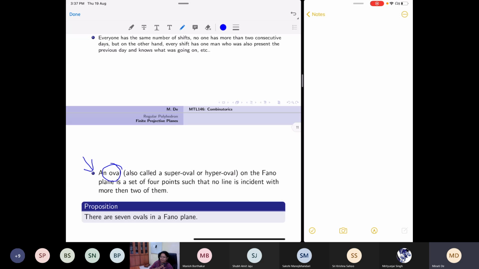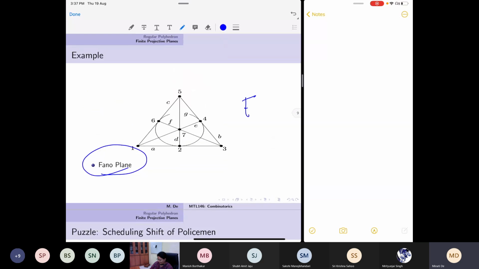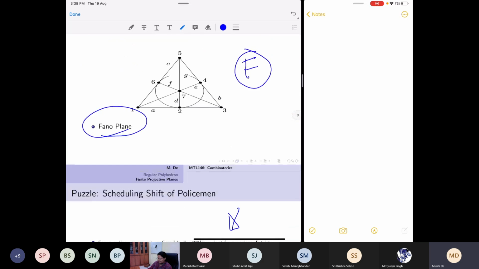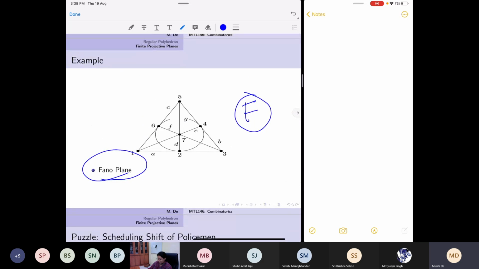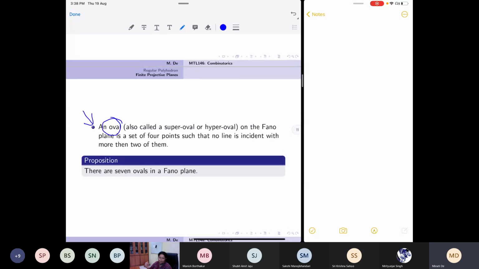Consider the Fano plane, and consider F, the 4-element set satisfying this property, meaning a 4-element set such that no 3 of them are collinear. There might be several such sets F, and I am referring to each such set as an oval.